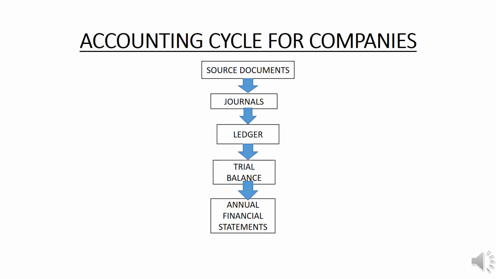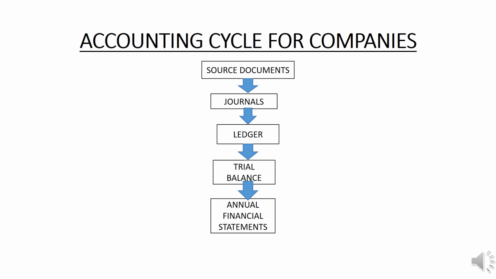An example of a source document would be a tax invoice, a receipt or a check counterfoil. With a receipt, whenever we receive an amount of money, we issue a receipt that is given to a customer.